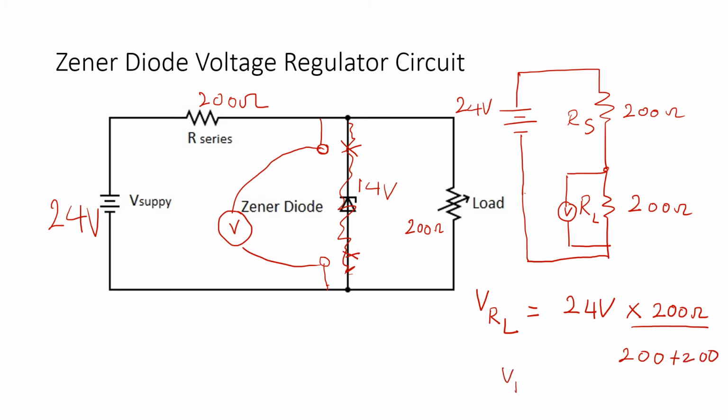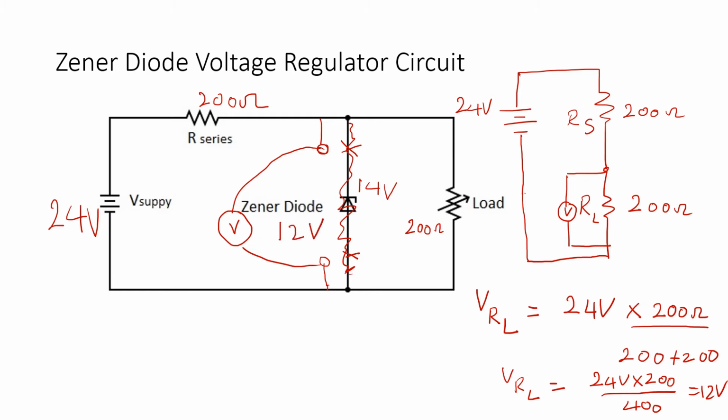So VRL is equal to 24 volts multiplied by 200 over 400. And that works out to 12 volts.